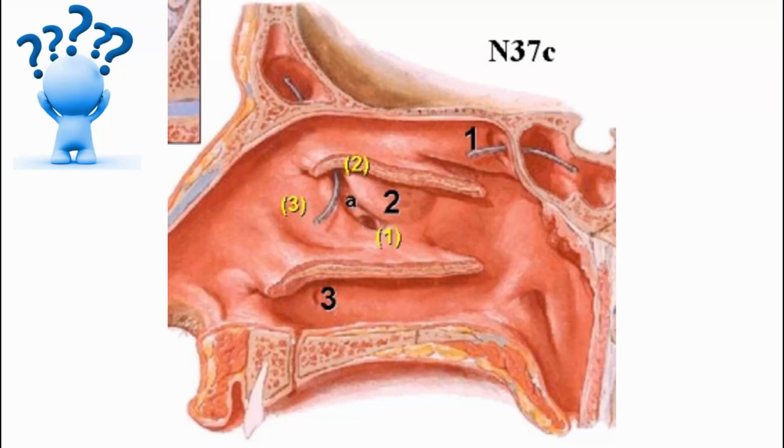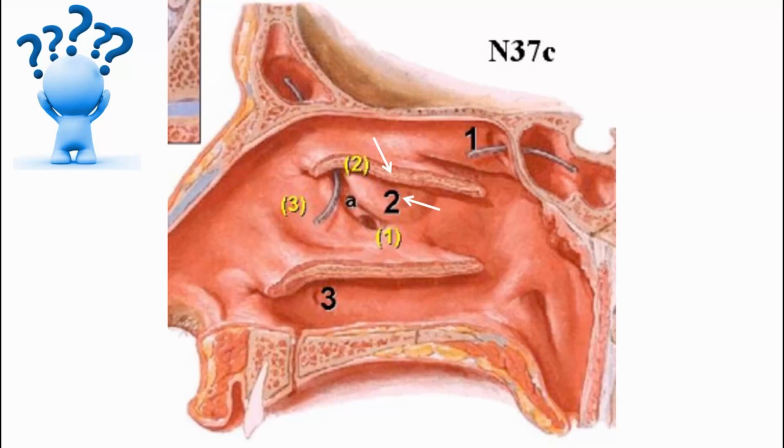It is done to expose structures in the middle meatus, the space inferior to the middle concha, and this is the middle concha cut, and you can see a bulging underneath, a bulging into the meatus.